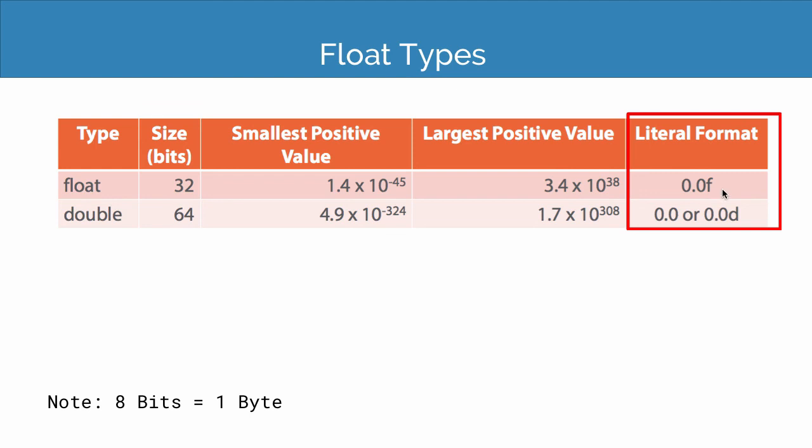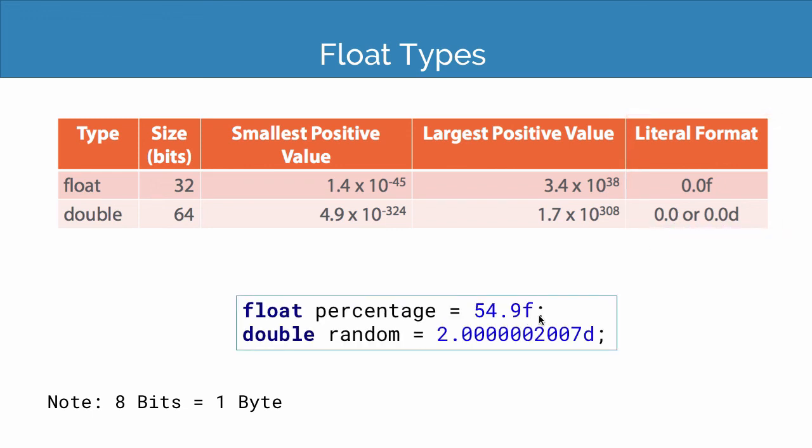But in case of double, the suffix d is basically optional. If you want, you can have it, or if you don't want, then you don't need to have it. Now these are some examples in front of you. So here the float contains f at the end, and in case of double, if you want, you can also remove this d. It will then work fine as well.